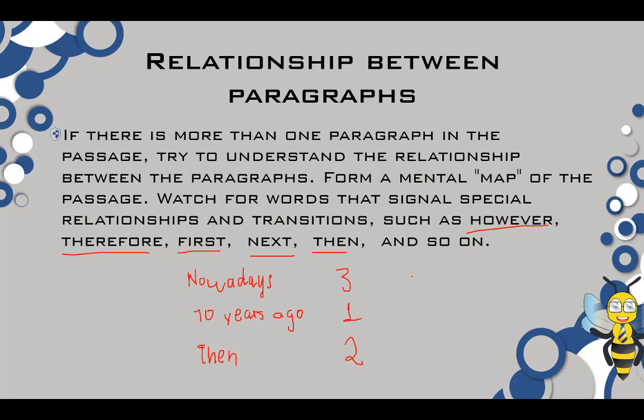This is important because, for example, the reading can start saying something like, nowadays people are in their houses because of COVID-19. And it keeps talking. And then it says, but in the past, 10 years ago, people used to be outside playing, and they never imagined what would happen with COVID-19.